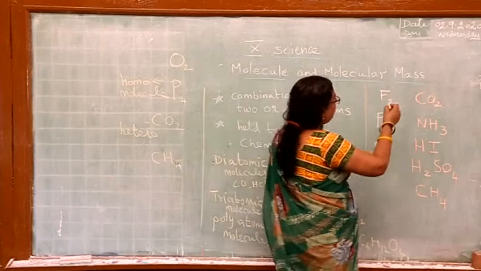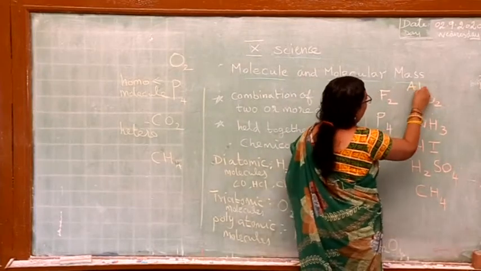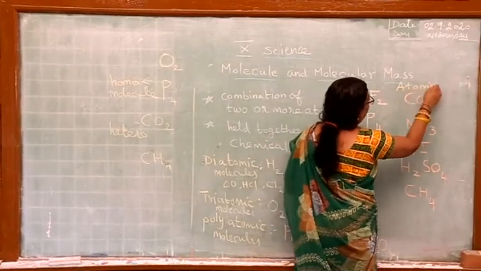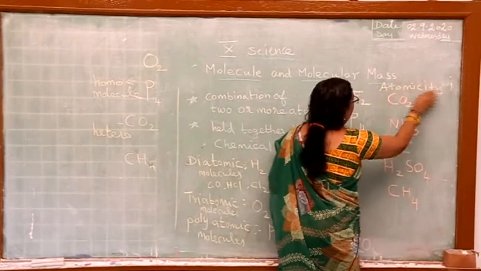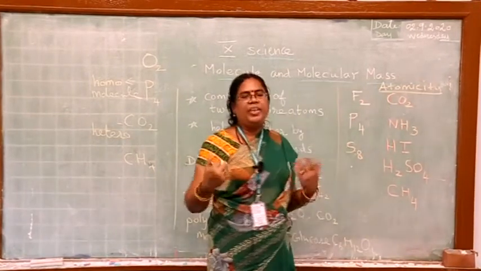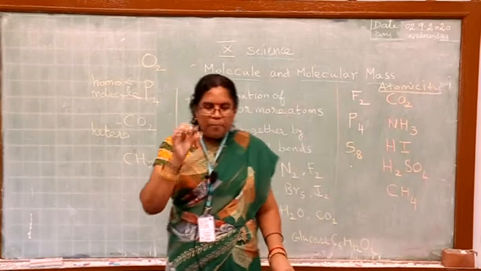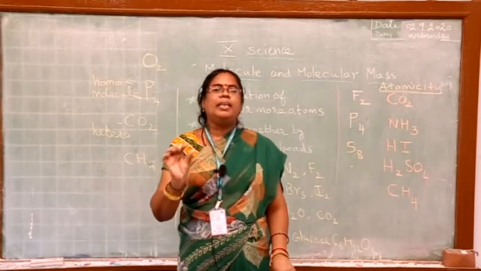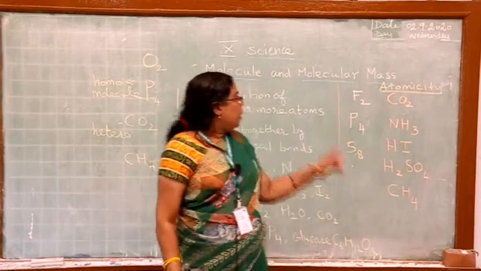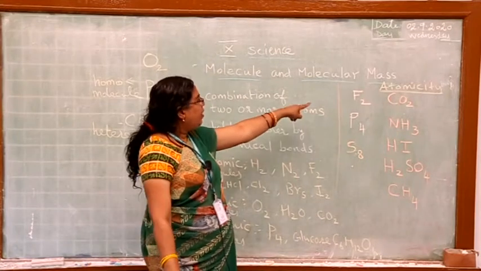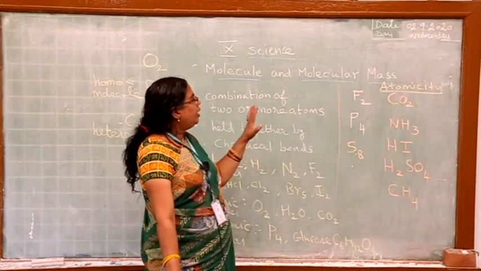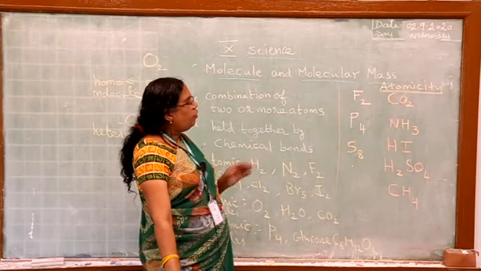Now we are going to see atomicity. Atomicity, the name itself indicates the number of atoms present in the molecule. See for example F2, fluorine, it contains 2 fluorine atoms.